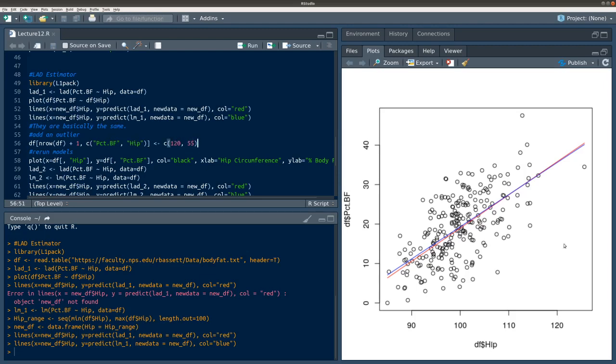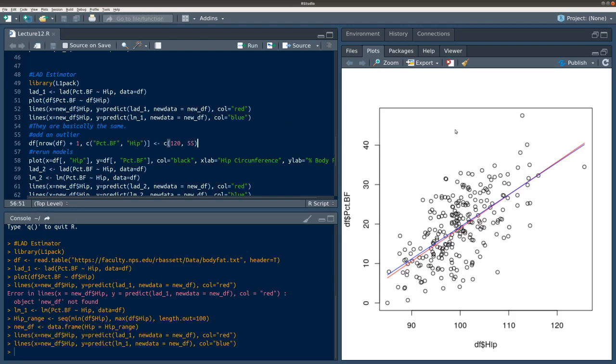If you had 120 and 55, that would be up here in your scatter plot. Well, that's sort of large, but not completely unreasonable based on what we see in these points. But if you were to switch them and percent body fat was 120, a percentage over 100, that doesn't even make sense.